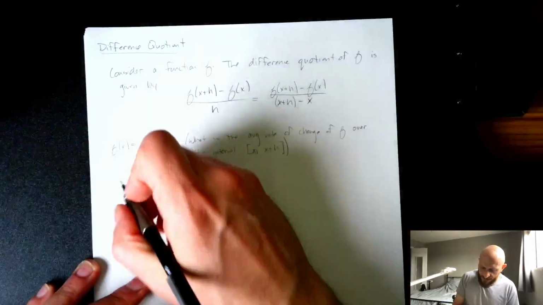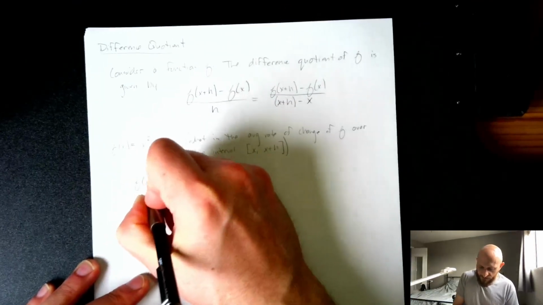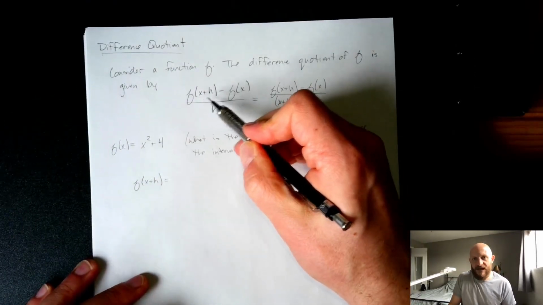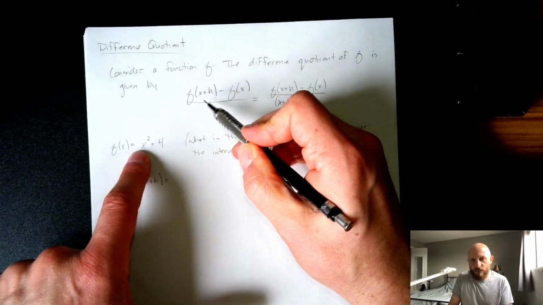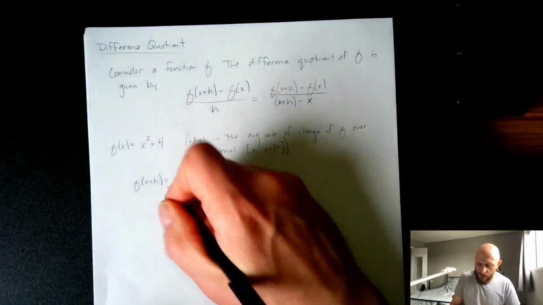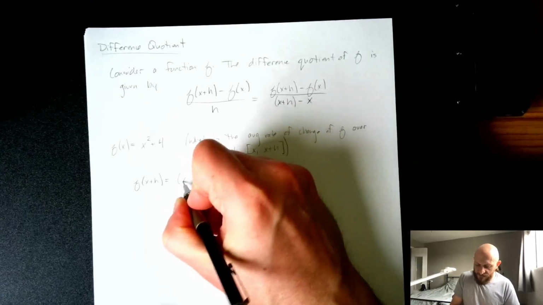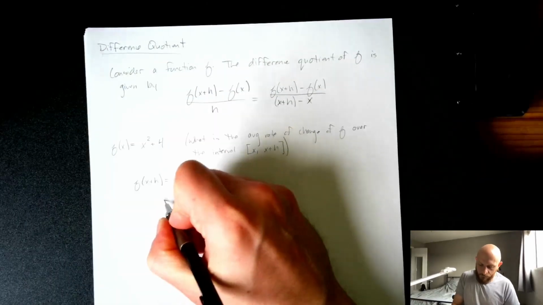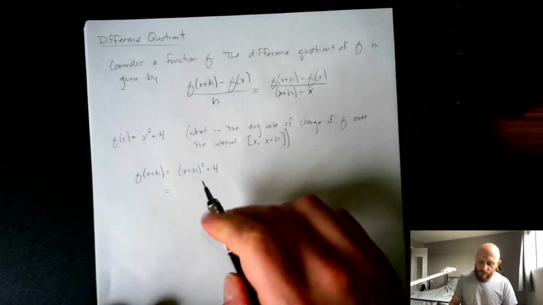So, what do we need in order to calculate this? First, we're going to need to figure out what is f of x plus h. That means take x plus h and plug it in for x, wherever you see x. So, f of x plus h is x plus h squared plus 4. And I'm just going to crunch this out.